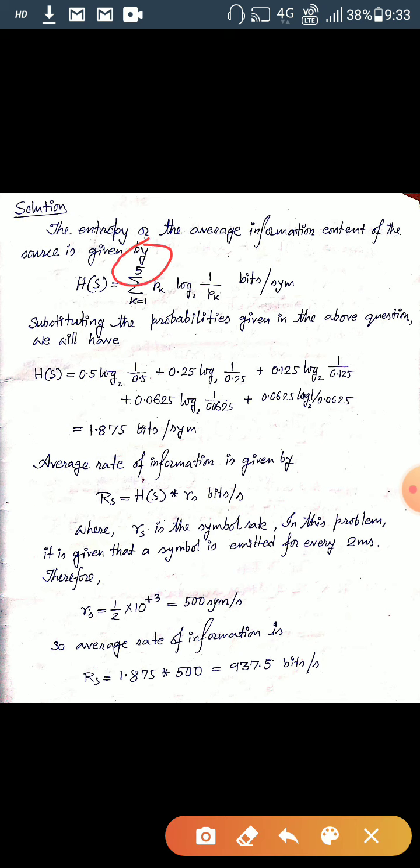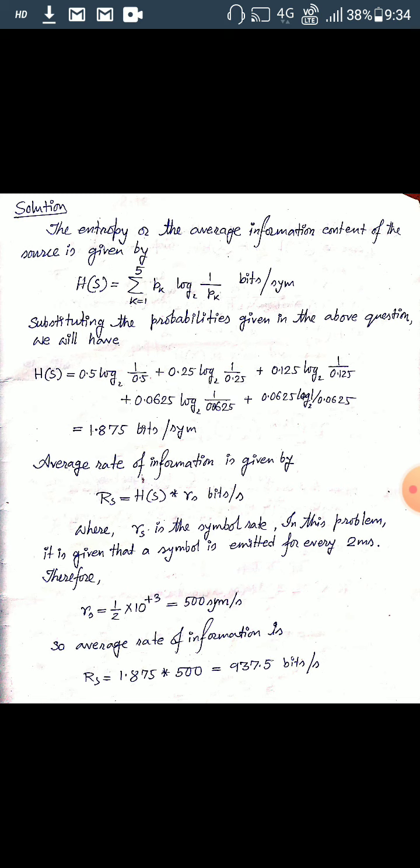So put in the individual values: the first probability is 0.5, the second one is 0.25, and in such a way you can write the expression. Now by using your calculator the value finally comes as 1.875 bits per symbol.